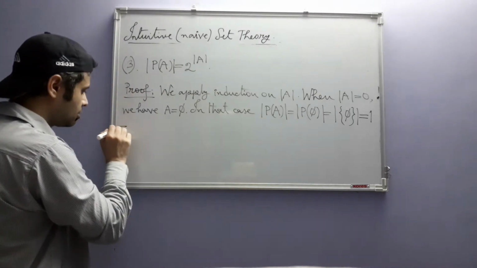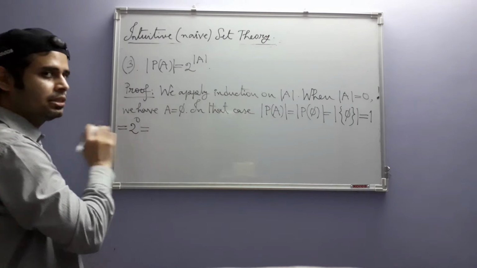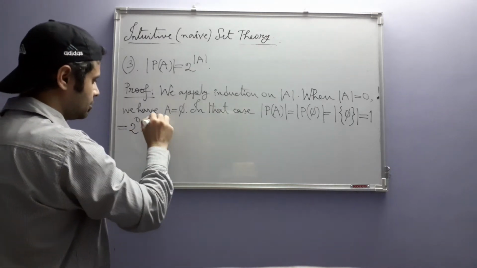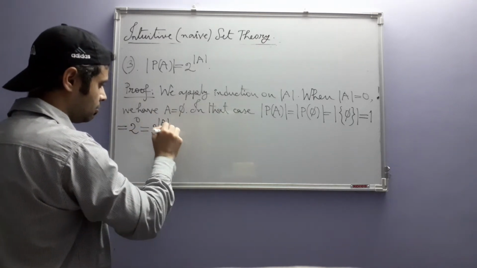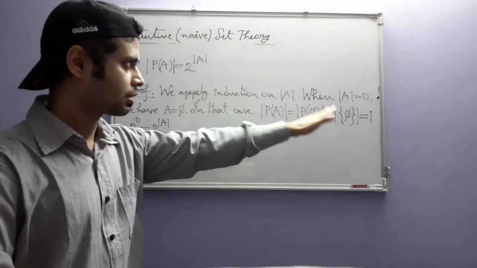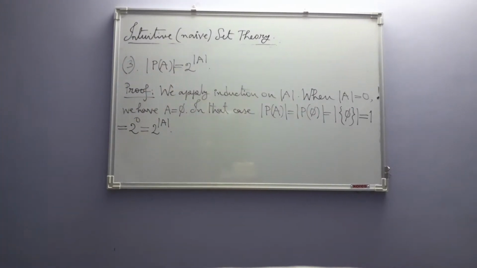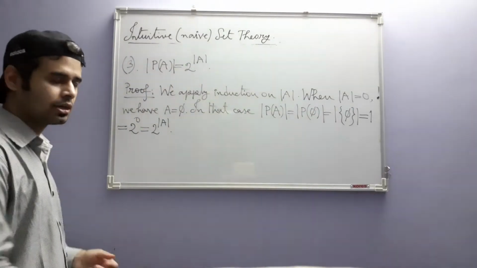And that is equal to 1 can be written as 2 to the power 0. In fact, we have already seen this. And this is nothing but this. So, at least when cardinality of A is 0, this formula is true. So that is our basis for induction.